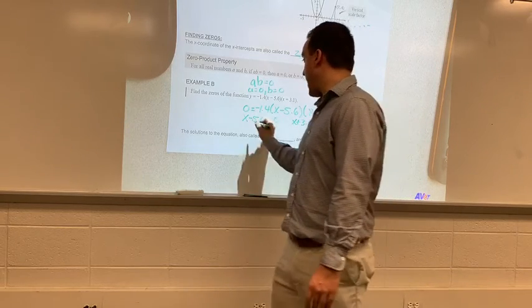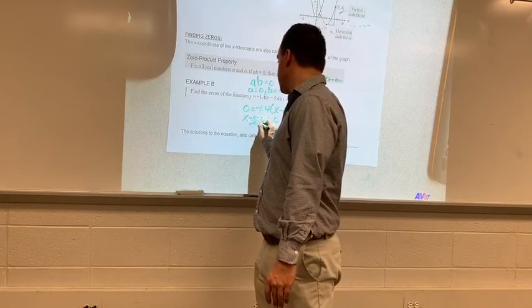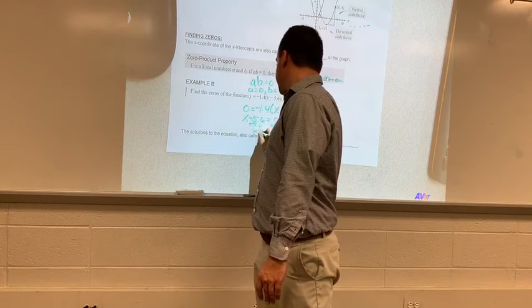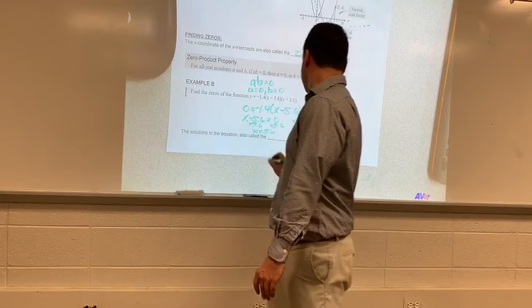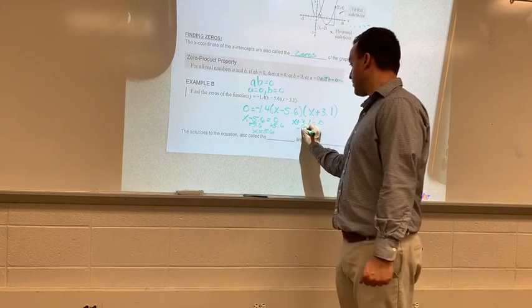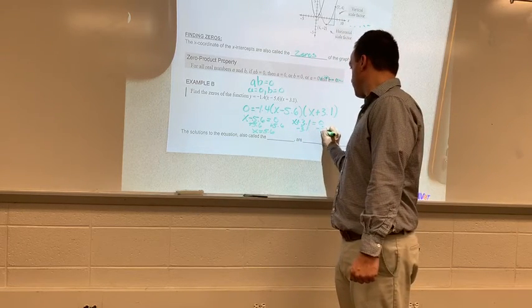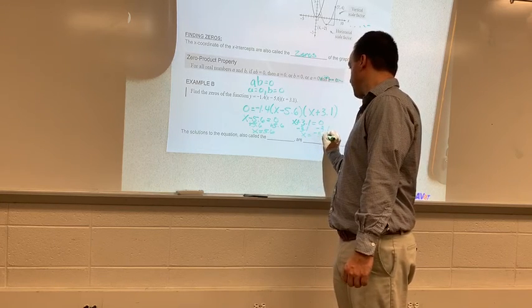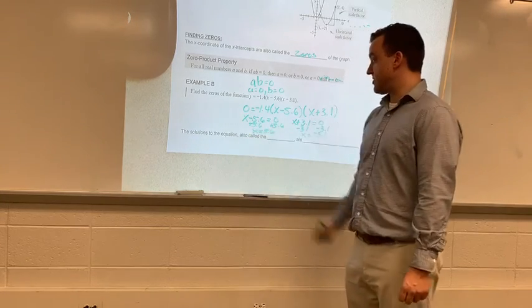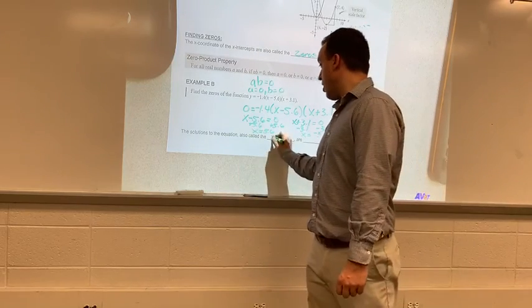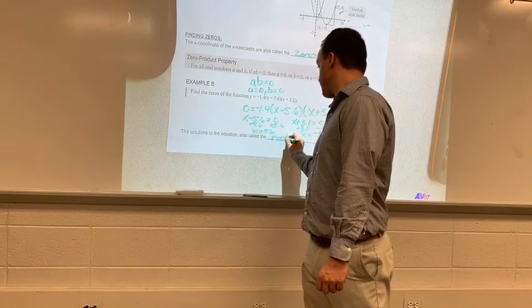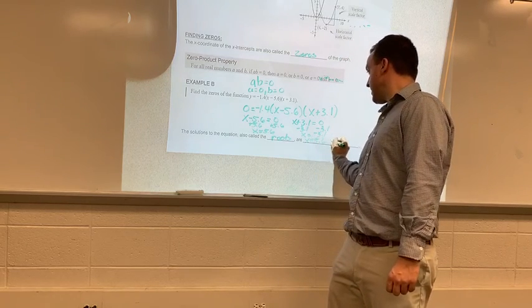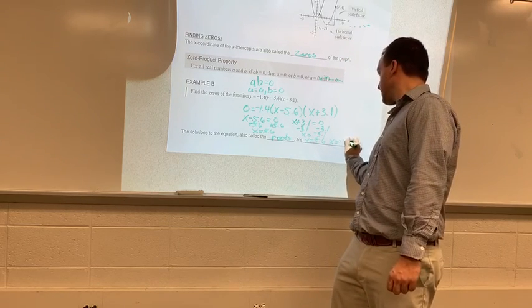And then if I add 5.6 to both sides, we have x equals 5.6. And then here, subtracting 3.1, we would have x equals negative 3.1. So the solutions to this equation, which zeros are also called roots, are x equals 5.6 and x equals negative 3.1.